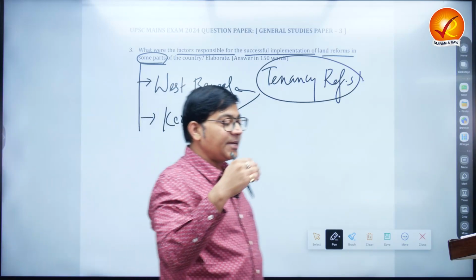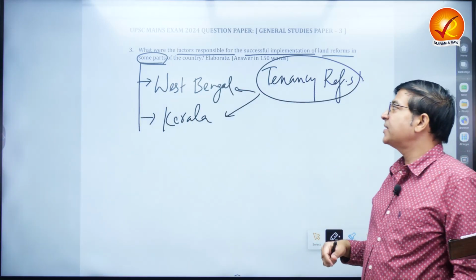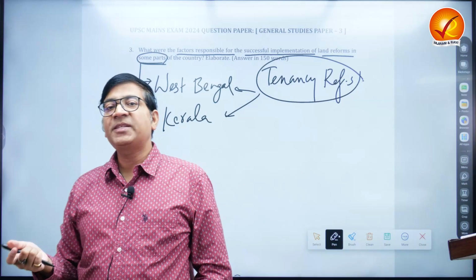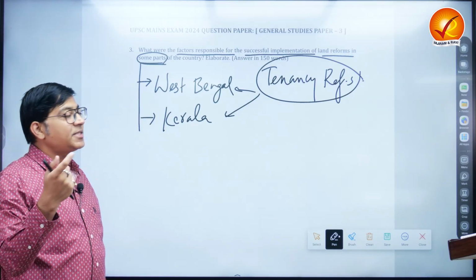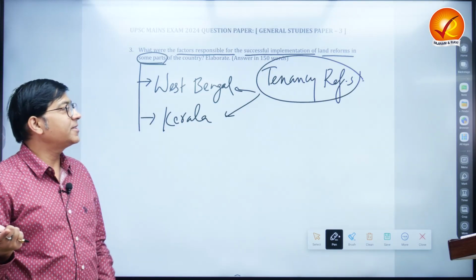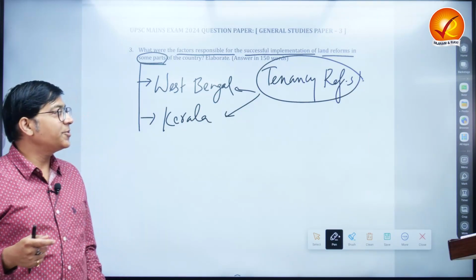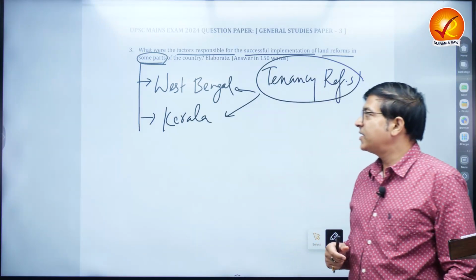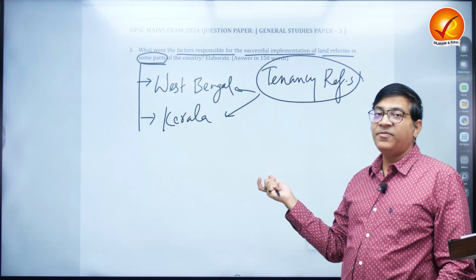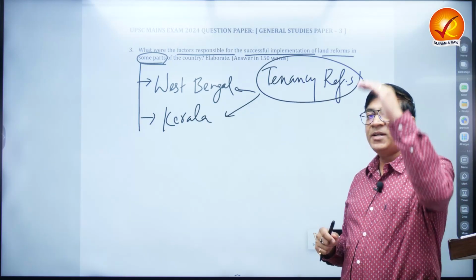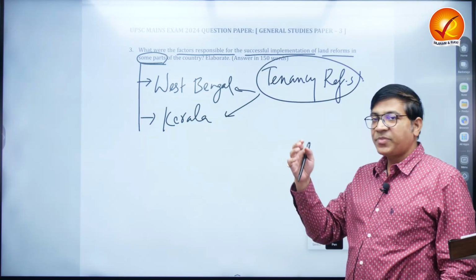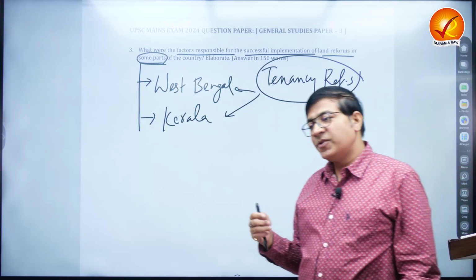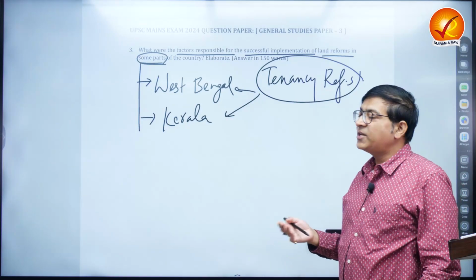Here I am not discussing types of land reforms because that's not being asked in this question, but you should have that in the back of your mind. So what were the major types of land reforms? Abolishing the zamindari system or intermediary system; tenancy reforms, which were supposed to empower the tenants, those who do not have their own land, to cultivate the crop; then we had ceiling reforms, ceiling as in beyond a point of land area, the area will be taken back by the government, and also the distribution of the land to the landless people.